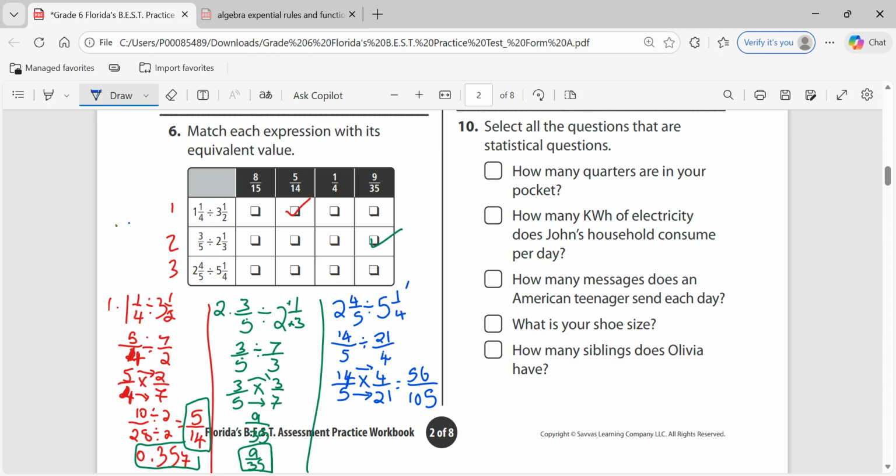I can go ahead and simplify, or I could just divide and make it a decimal, because I am comparing. So 56 divided by 105 will give me 0.53.